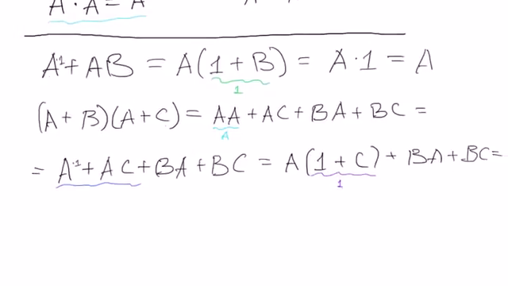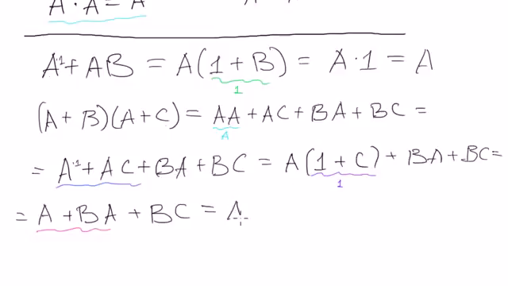So let's rewrite it. The whole thing will be a multiplied by 1, but that's a, plus ba plus bc. And you can see that we can do the same trick again. We can take a out of brackets, as we did here and here.